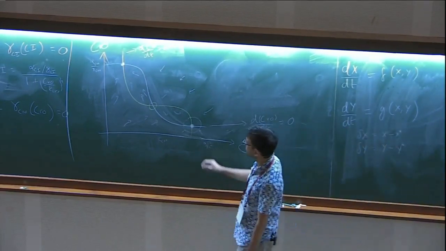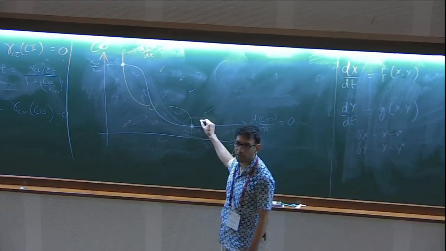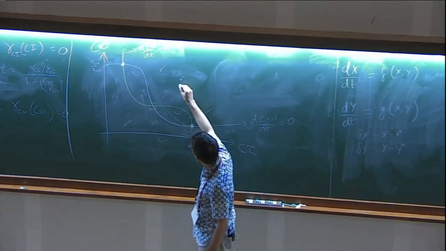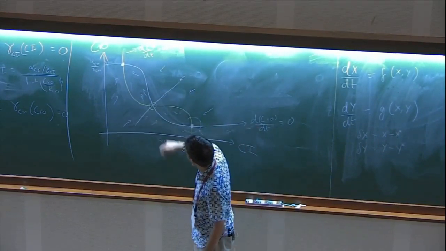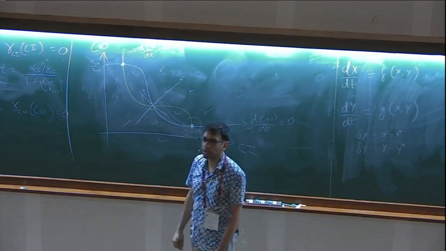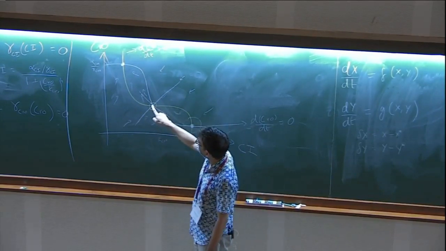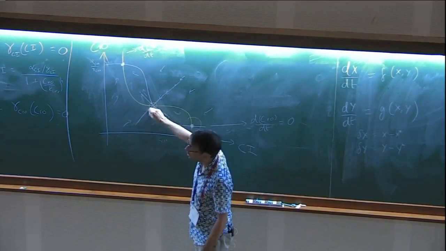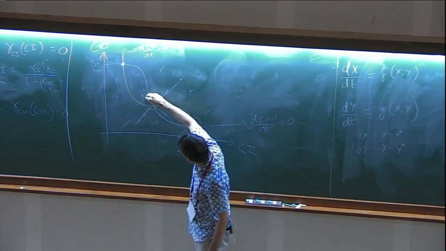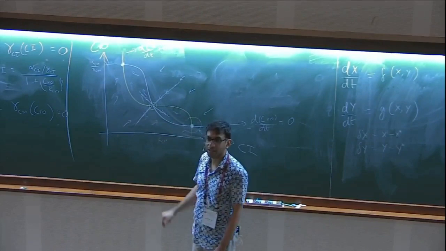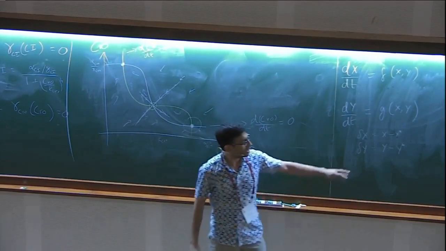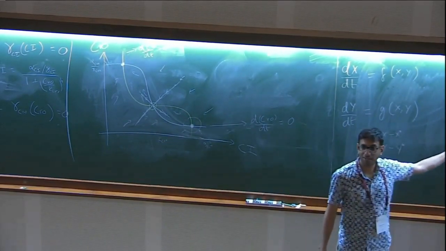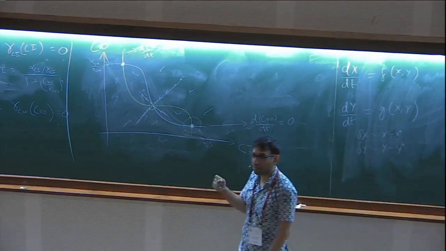And what it tells you is there are 2 directions you need to be interested in. Let's take this one. There's a direction here and a direction here. In this direction, things are coming in, the way I've drawn them. But in this direction, things are going away. And that mathematically would correspond to one eigenvalue being negative and one being positive.